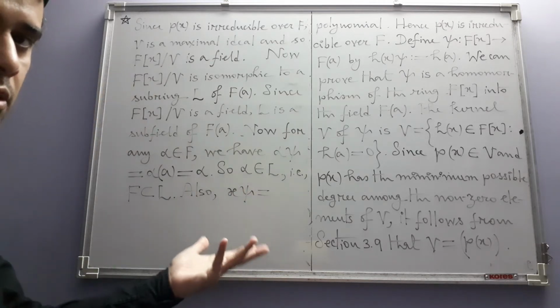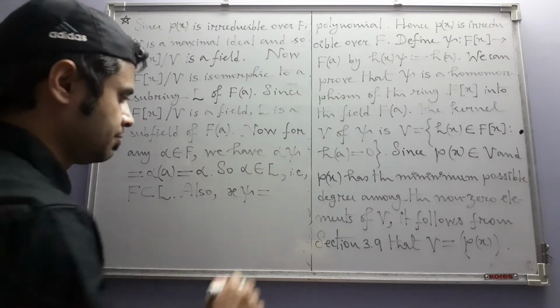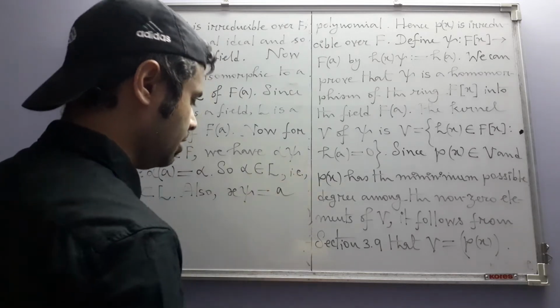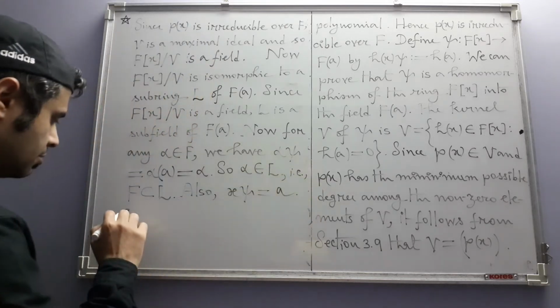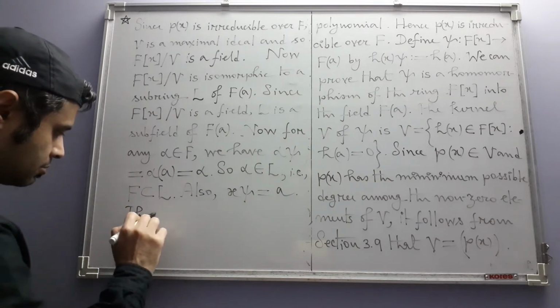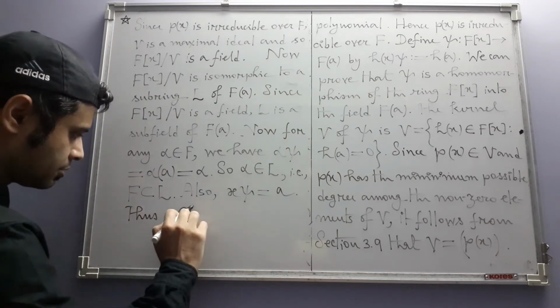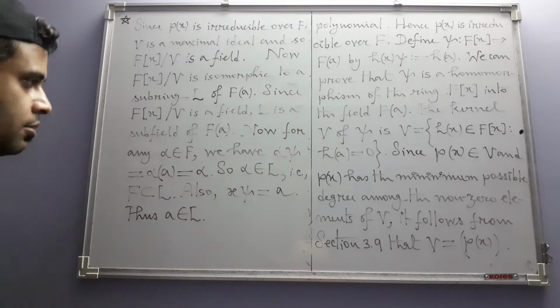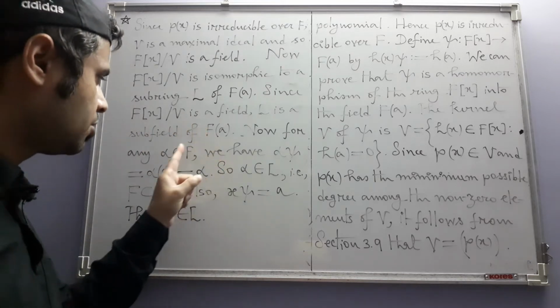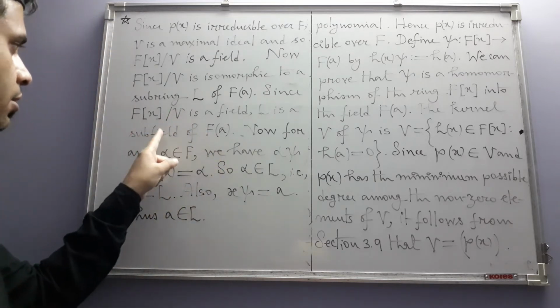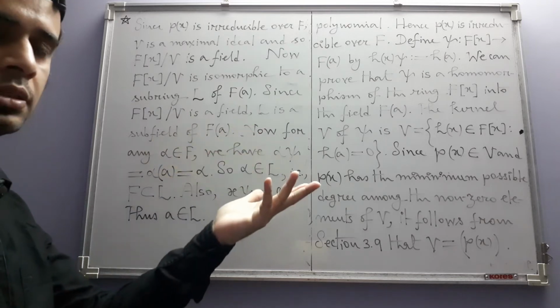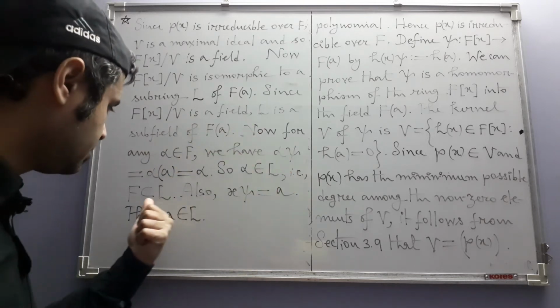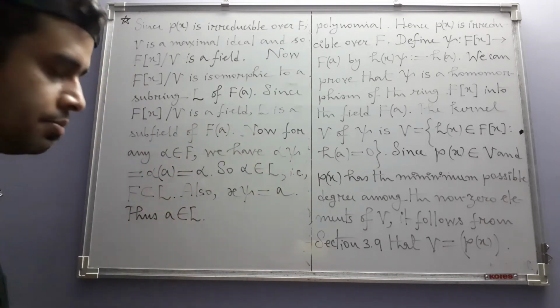Because x is also a polynomial over F, we get nothing but A. Thus, A belongs to L. So L has now become a subfield of Fa and hence a subfield of K that contains both F and A.